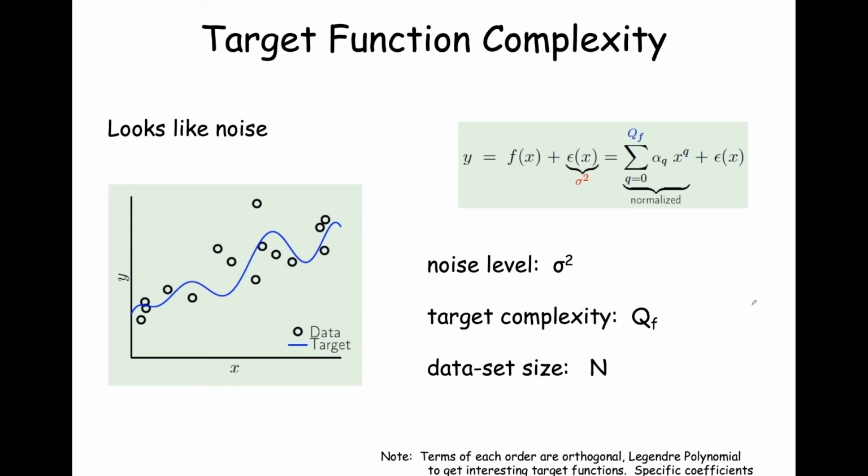And so let's instrument things a little bit more neatly. We're going to build a target function in a normalized fashion, so that we can control precisely the complexity, marked by the degree of this target function.